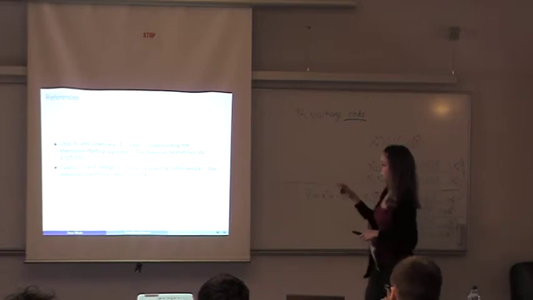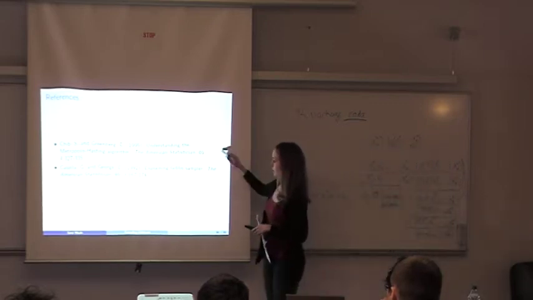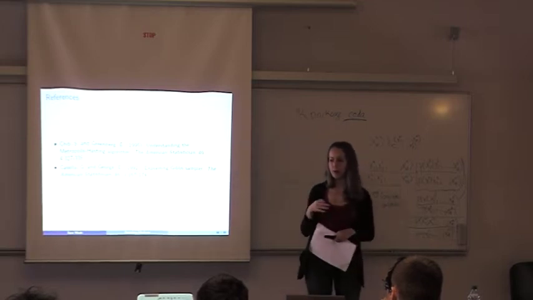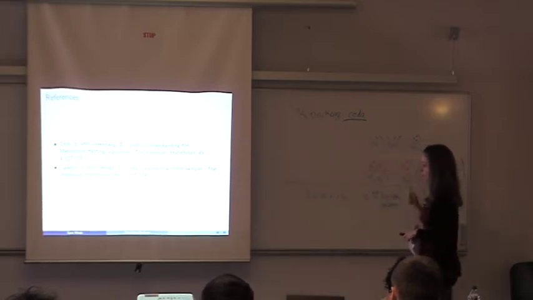Okay, so here are just two references. These are quite nice papers. They explain things very well and are very clear, so if you want further references, you can check out these papers.